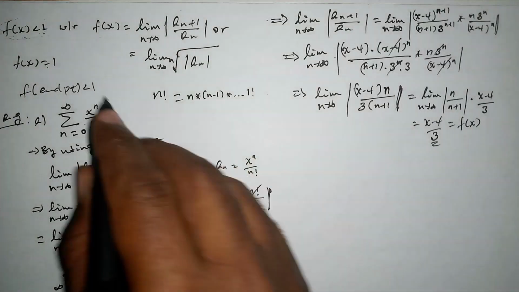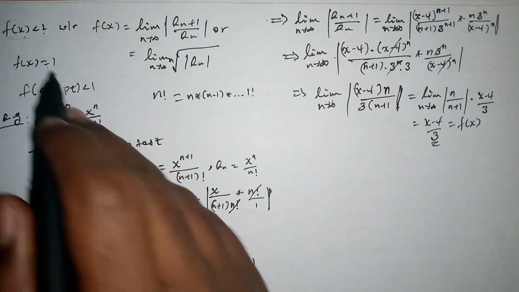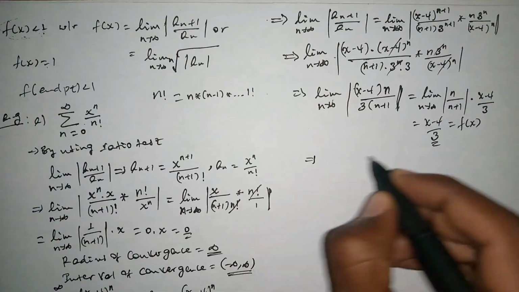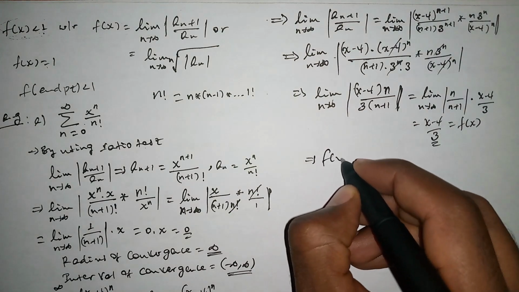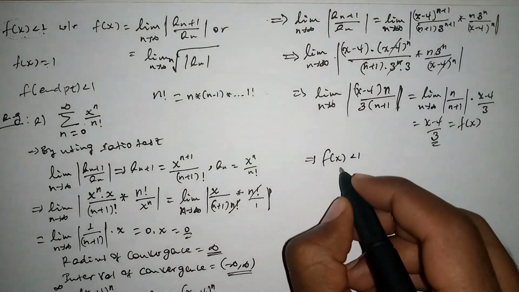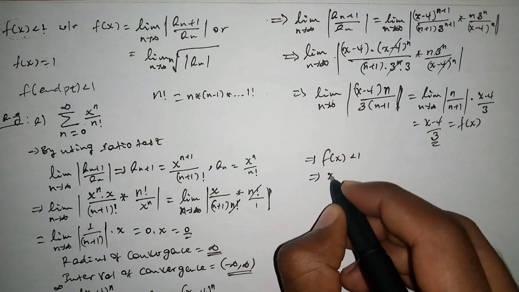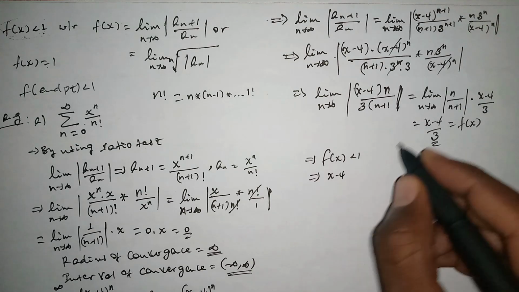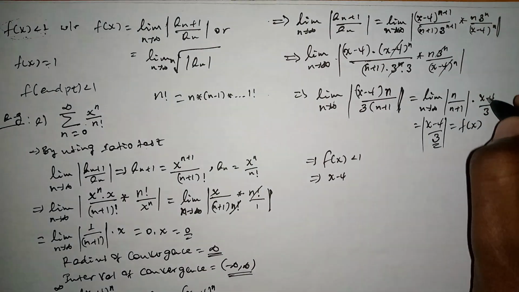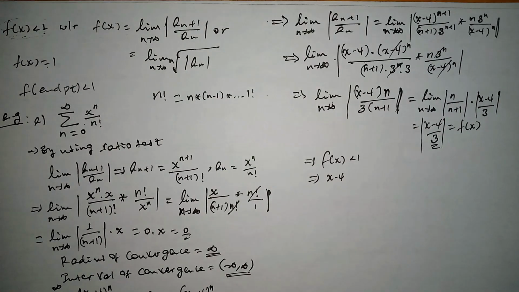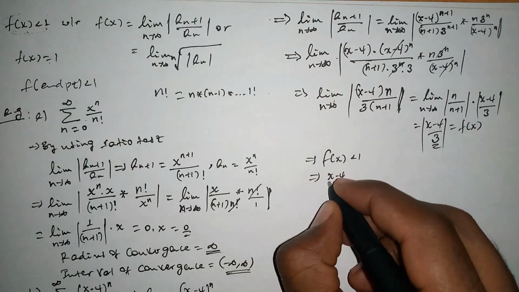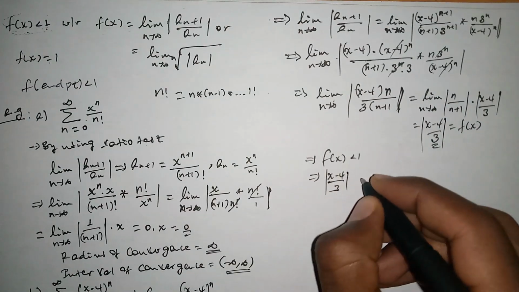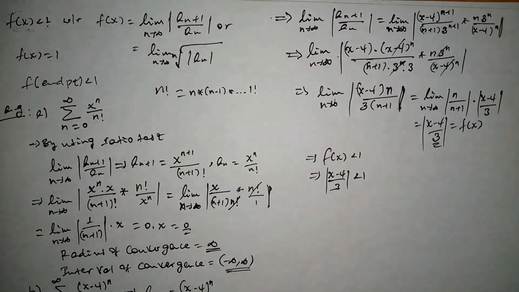So the absolute value of (x minus 4) over 3 must be less than 1.